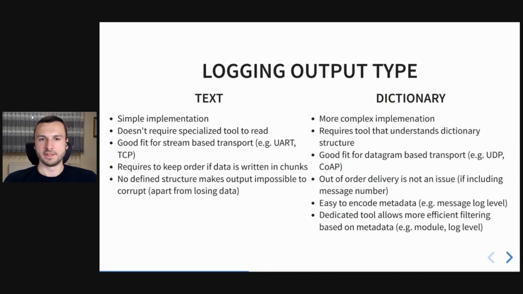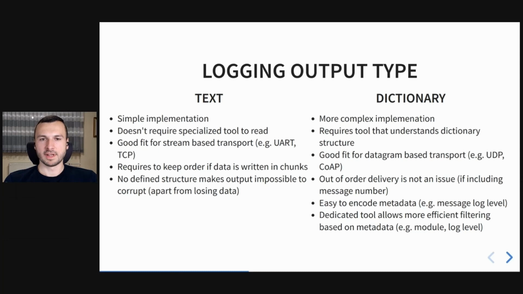And in case of dictionary output type, this is arguably more complex to implement, and it requires a specialized tool to understand the logs. So if the logs are in a binary form, it's no longer easy or no longer possible to view those logs using just a text editor or a terminal window.